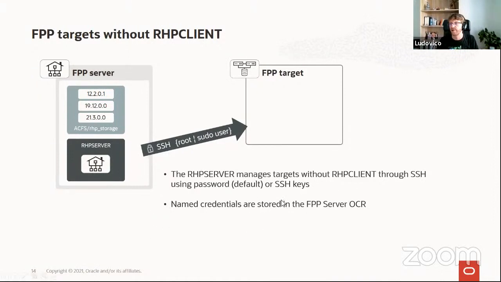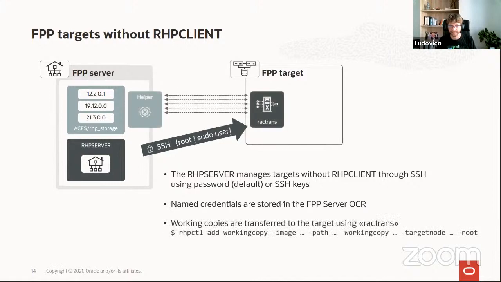You can store the credential. In that case, the credential will go in a wallet that is inside the Oracle Cluster Registry of the server. The transfer itself is not done by SSH, but it's done through rhptrans. That is a small binary that we copy from the server to the target.